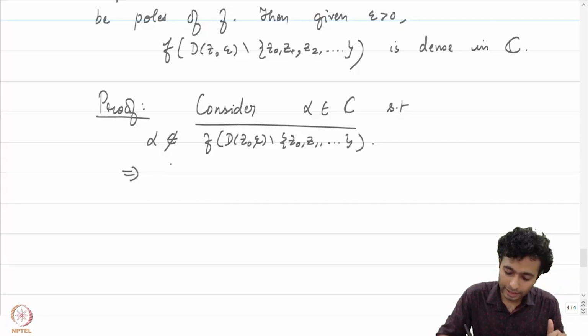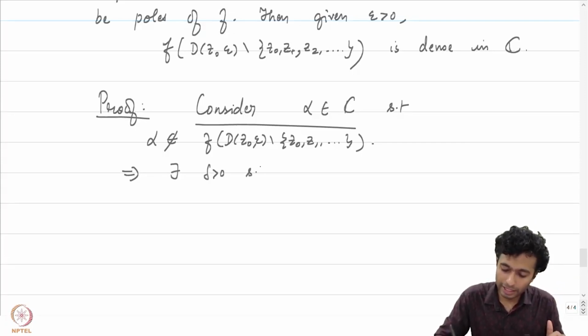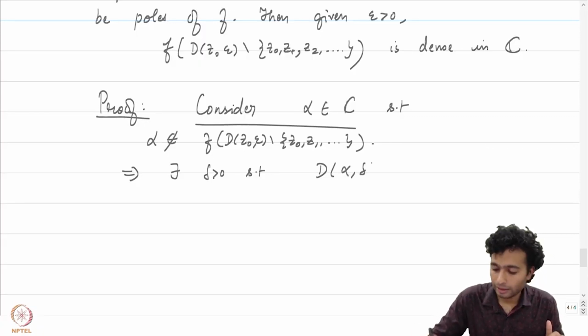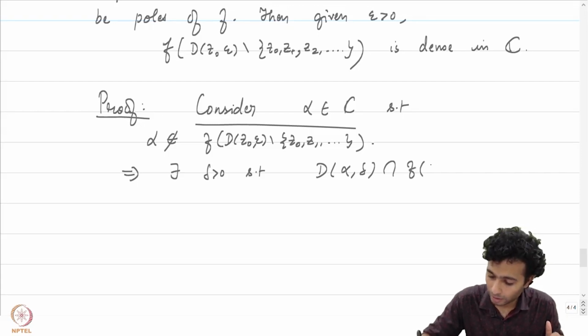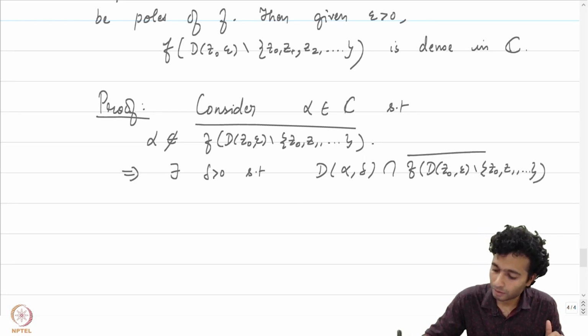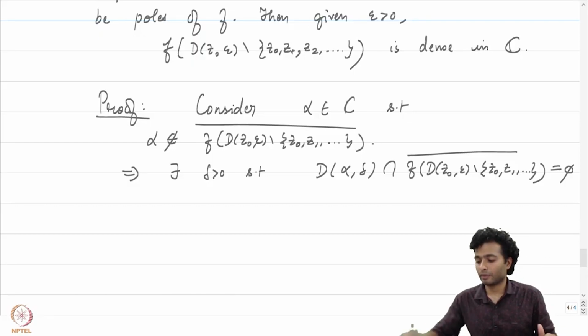That implies that there exists some delta positive such that D(alpha, delta) intersected with the closure of f of D(z0, epsilon) minus {z0, z1} is empty.